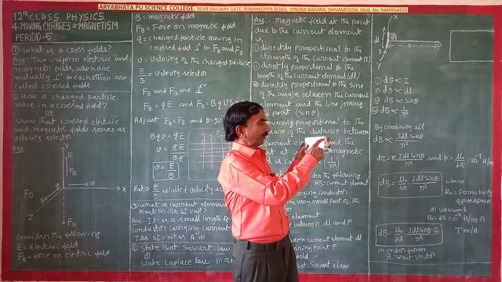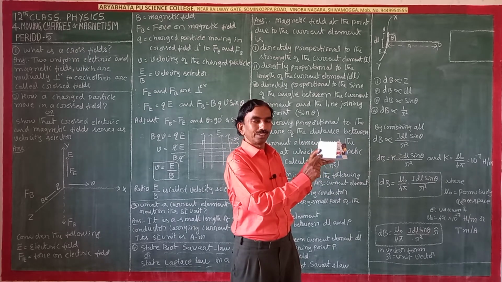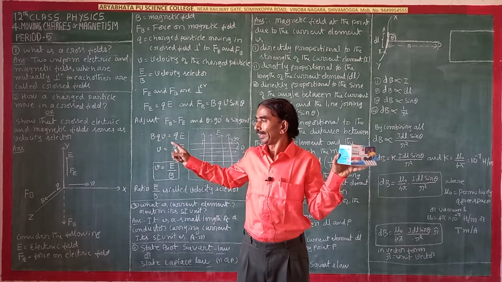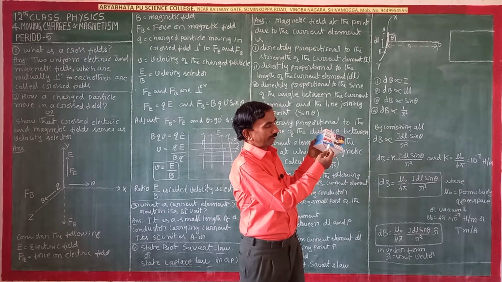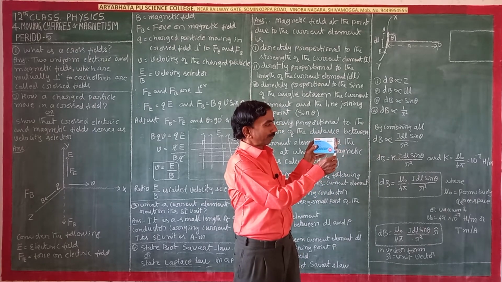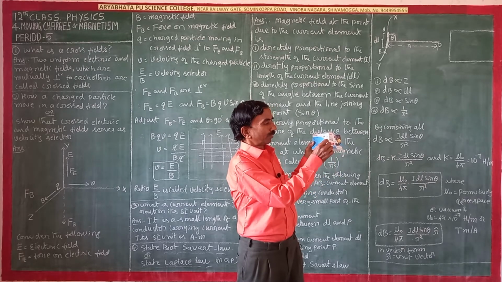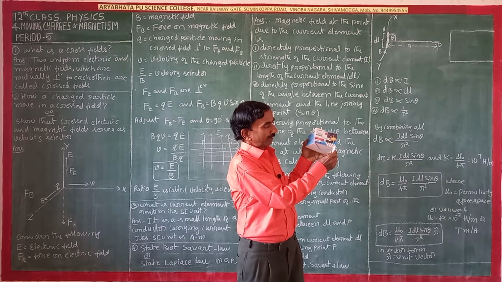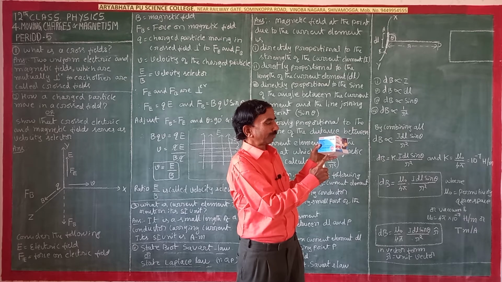Crossed means electric field and magnetic field are both perpendicular to each other. In this period, we are going to study when a charged particle is entering a perpendicular electric and magnetic field. The charged particle is also perpendicular to the electric and magnetic field.